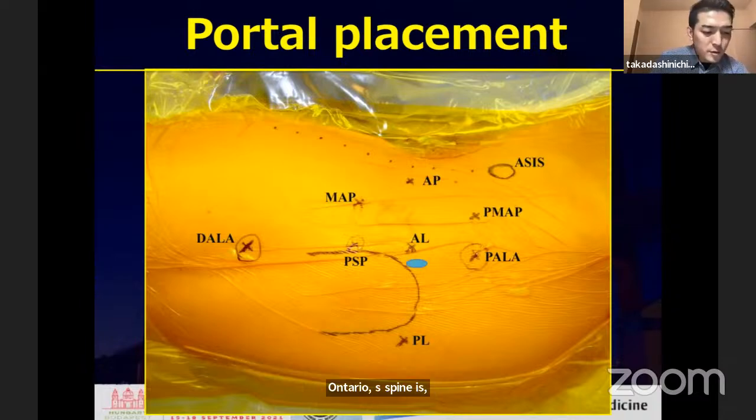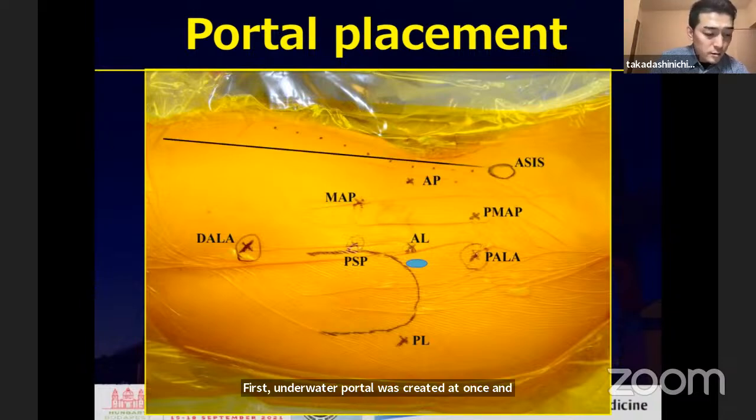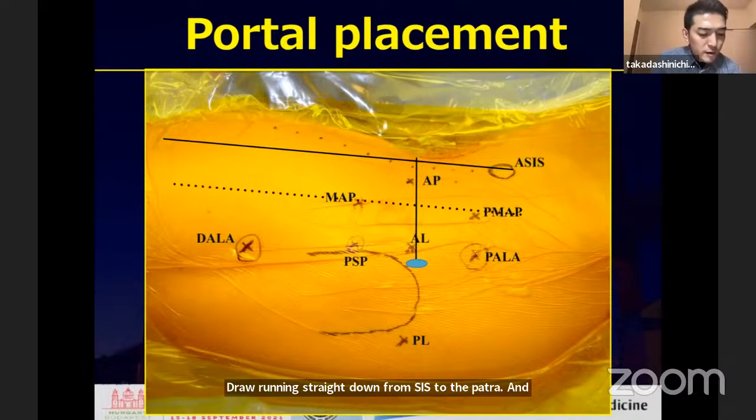The first anterolateral portal is created 1 cm superior and 2 cm anterior to the greater trochanter. Draw a line straight down from the ASIS to the patella, and then draw a perpendicular line from the ALP. Draw a parallel line to the first line through the middle of this line. And the second portal, the mid-anterior portal MAP, is made.